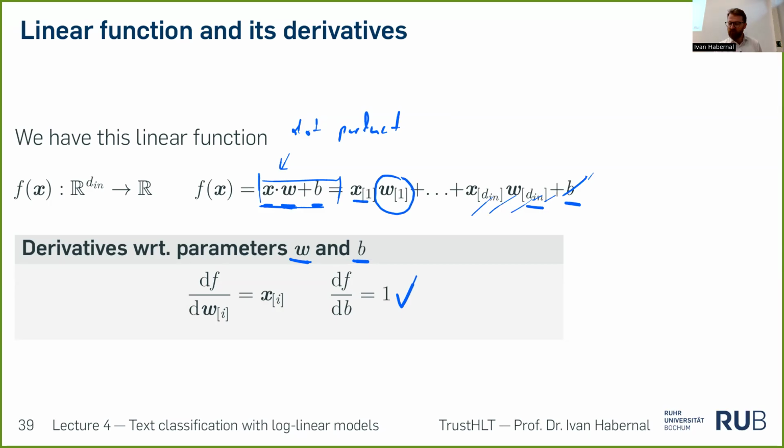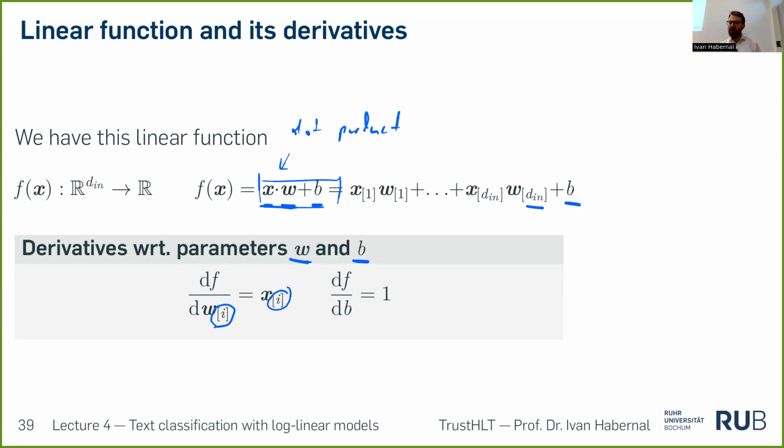Then the derivative of this function with respect to w2 will be x2, because everything else will be constant. So basically, here's how we get this generic formula: for any parameter, the derivative will be its corresponding x.